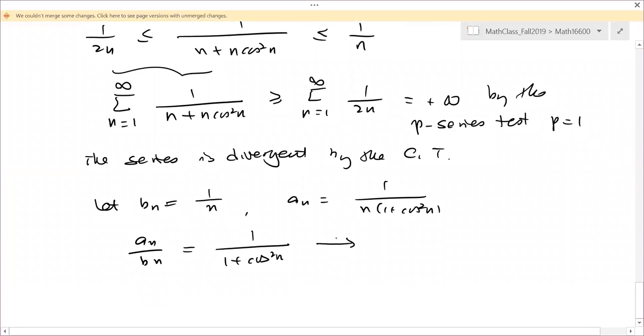It does not converge to any number. I know this is between 1 and 1/2, but it does not approach any number, so I cannot use the limit comparison test.